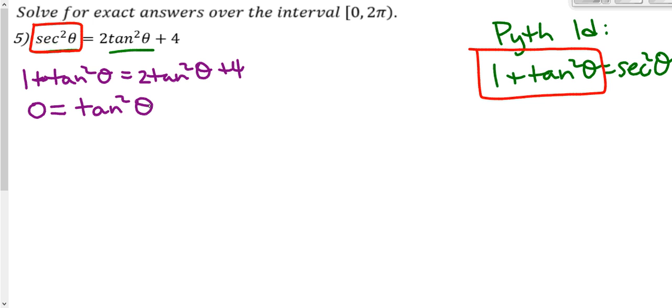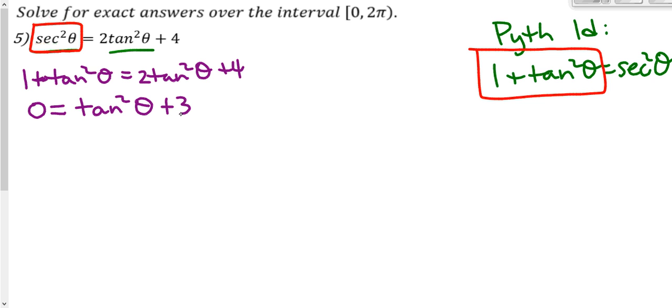And okay, I just paused for a moment because I realized that this is not exactly the problem I meant for us to do. Apparently I typed the problem in wrong, but we're just going to roll with it because this one is actually even easier than the one that we're supposed to do. Don't tell anybody. Okay, so let's keep going. We're subtracting 1 from both sides, so we have plus 3.